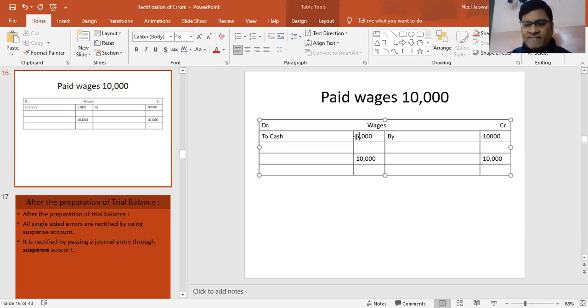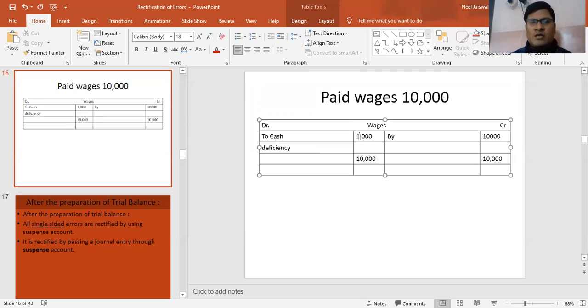We have a deficiency of 9,000 in the debit. That 9,000 means the wages account needs to be debited in order to make it correct. So one of the errors I have told in single-sided is that we have shown less amount than the required amount.